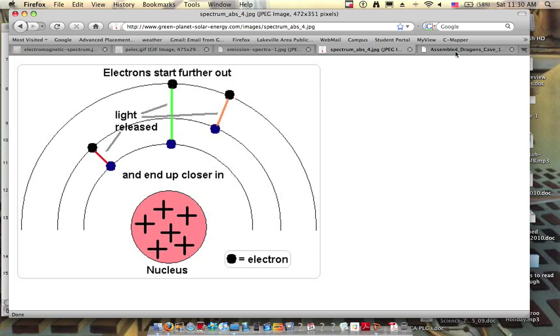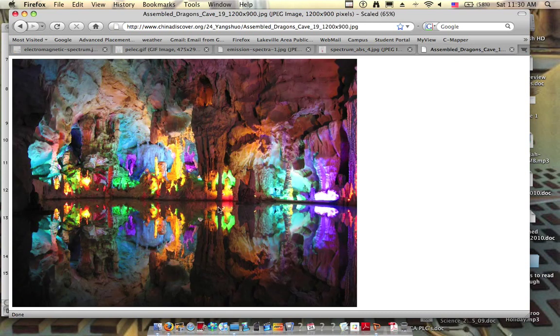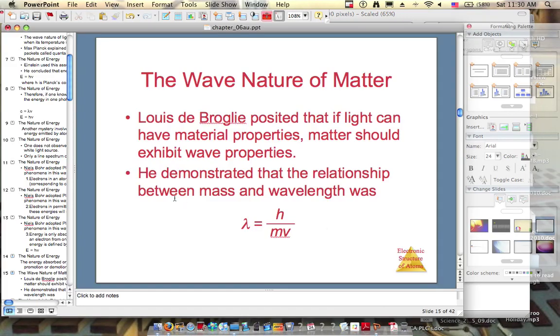In neon, of course, you can get various different colors depending on which way or where the electrons move when electricity runs through that gas.